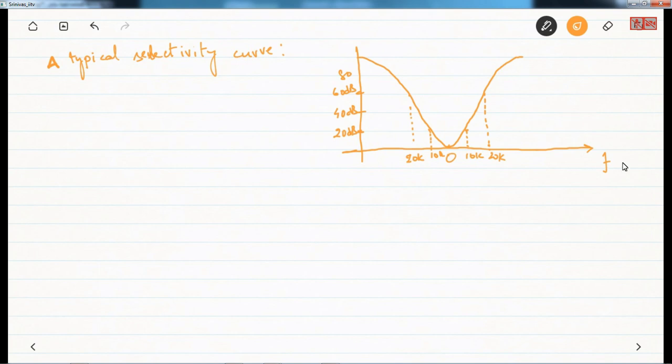This is not exactly F, so you can call it delta F.